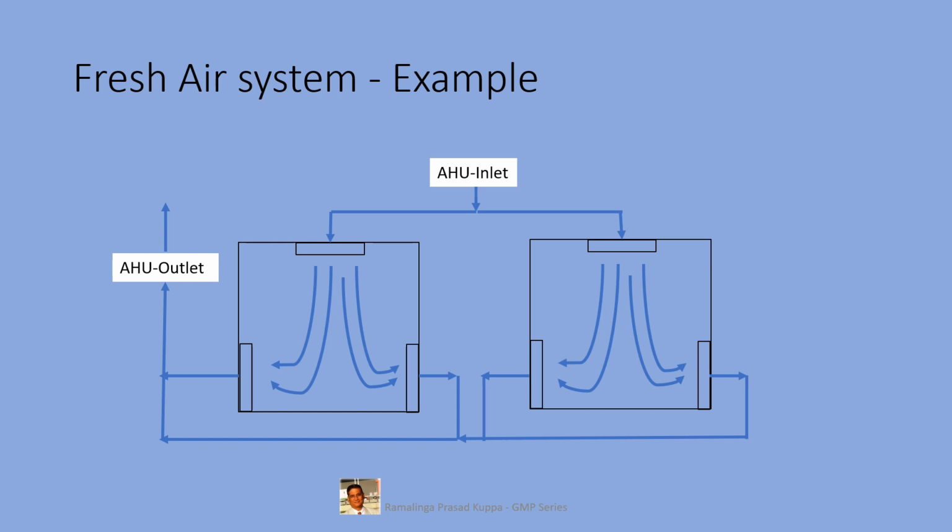As in the previous design, the HEPA filter may be in the terminal or in the inlet AHU also. Depending upon the type of product, it may be necessary to have some filters in the air handling unit outlet also.